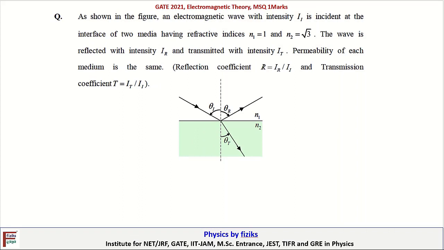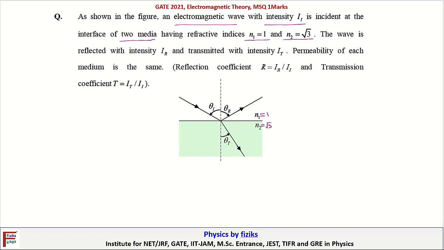So let's see the next question. As shown in the figure, an electromagnetic wave with intensity II is incident at the interface of two media having refractive indices N1 is 1 and N2 is root 3.